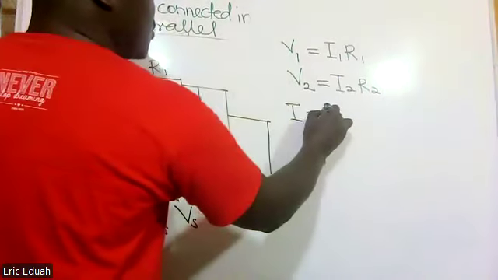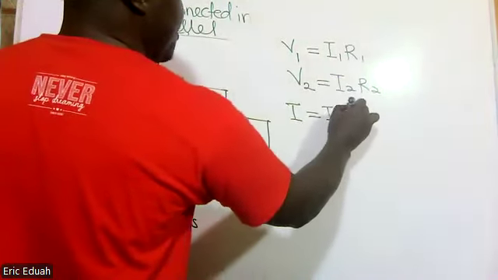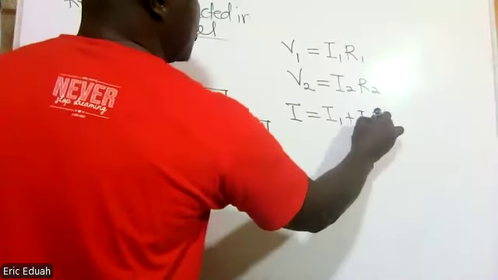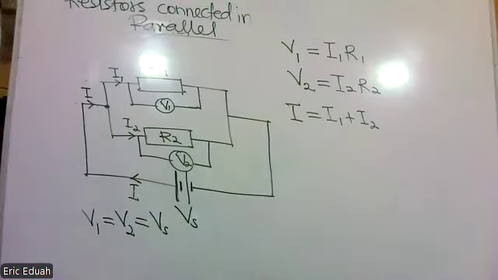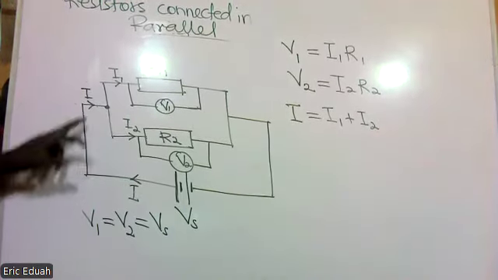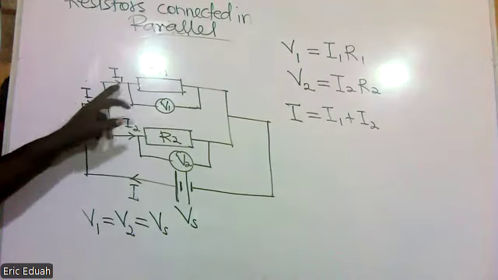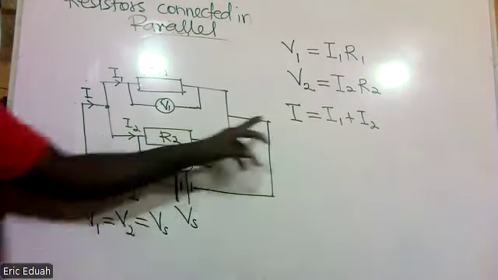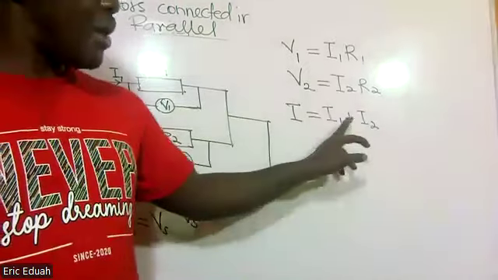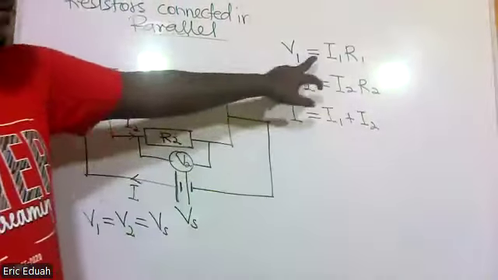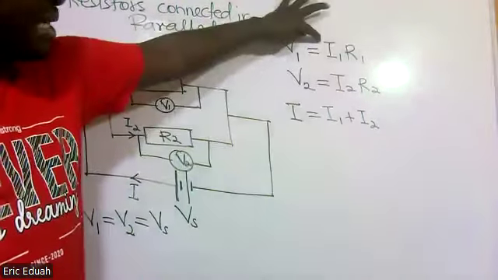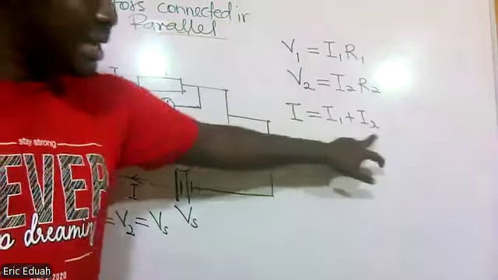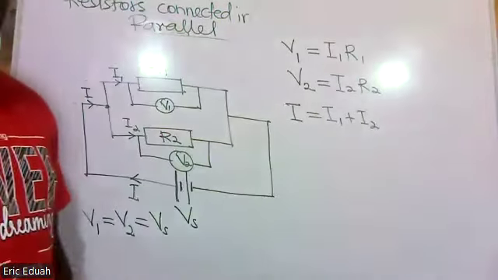So I is equal to I1 plus I2. This I is equal to what is breaking into this and what is breaking into this. So from this equation, let's make I1 the subject, I2 the subject, and substitute into this equation.